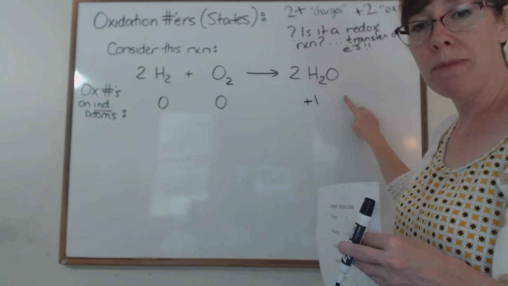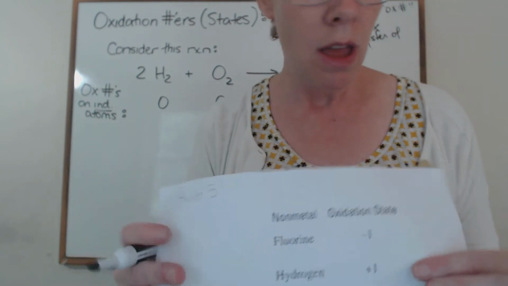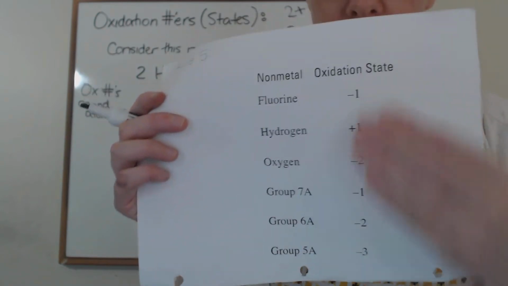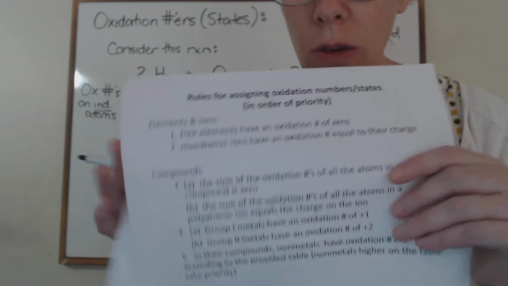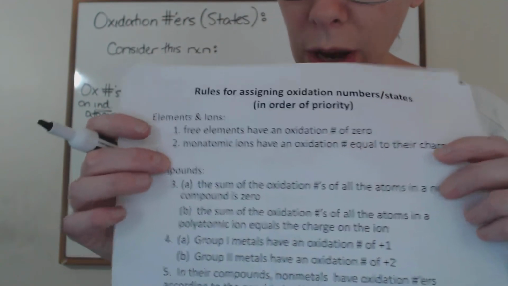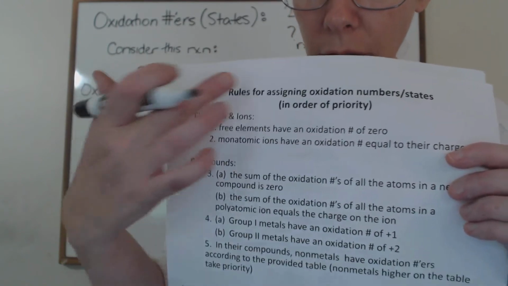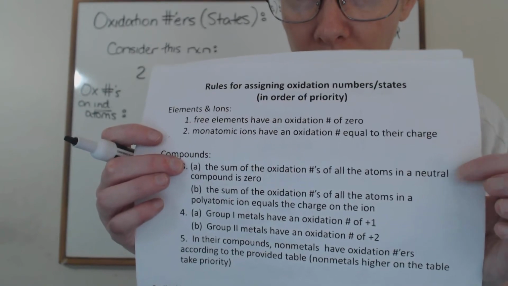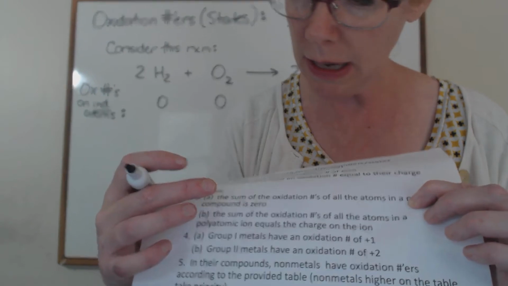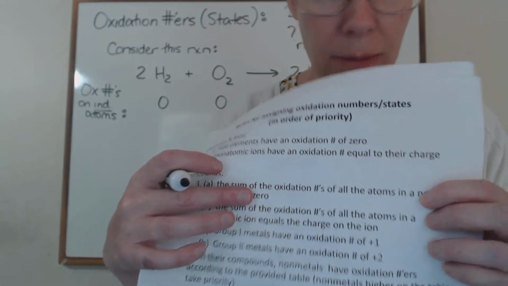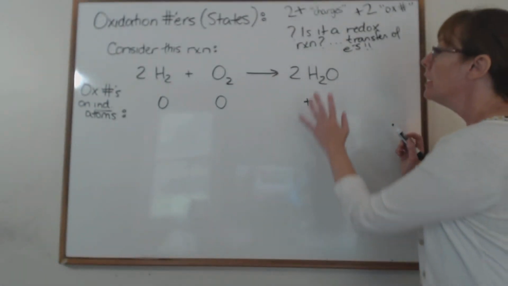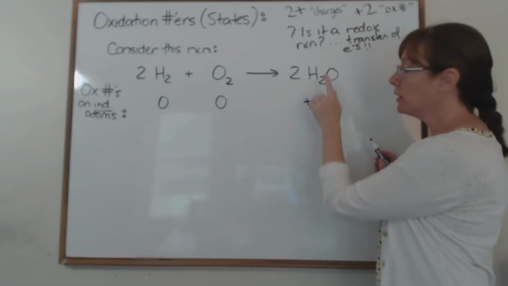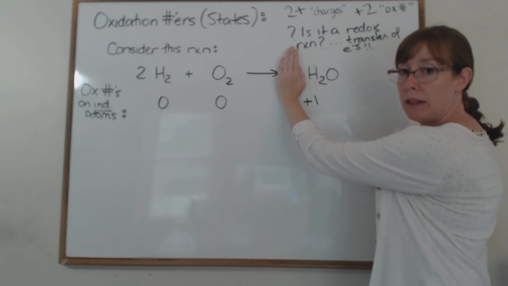But when you only have 1 type of atom left, oxygen, it's not about this chart anymore because you have to revert back to rule number 3, which was the most important rule. Remember, order of priority. And it says the sum of the oxidation numbers of all the atoms in a neutral compound has to equal 0. If it's a neutral compound, they have to add up to 0. So this is how this works. Ignore the coefficient completely.